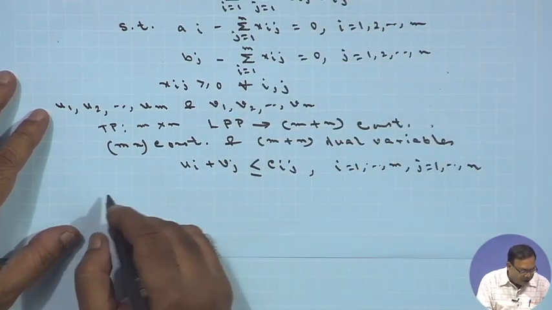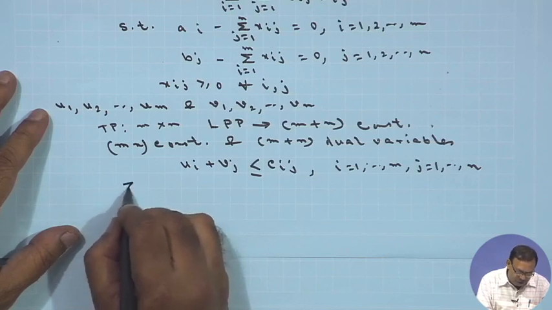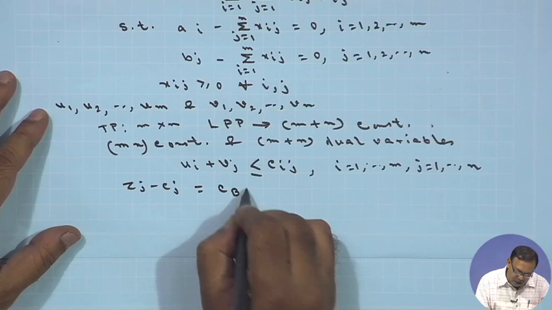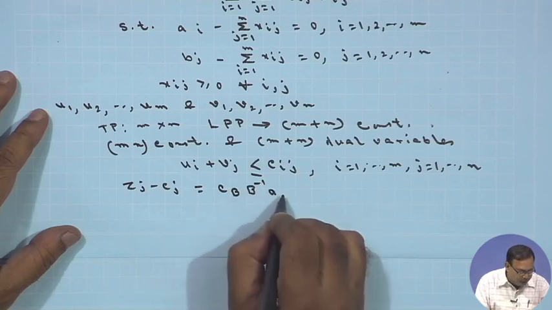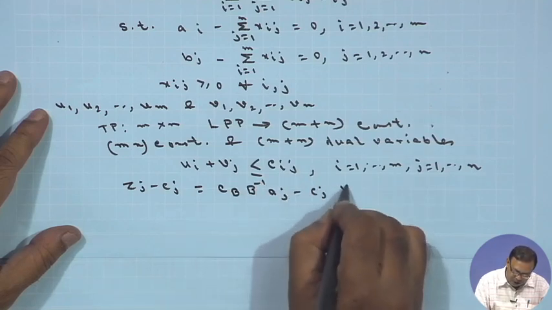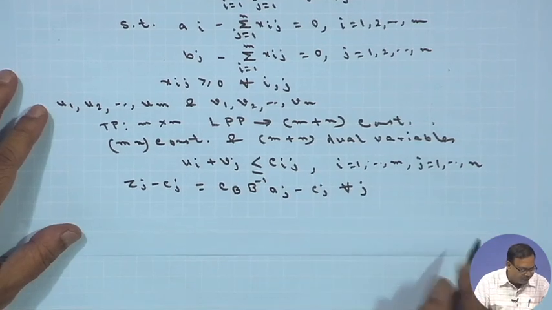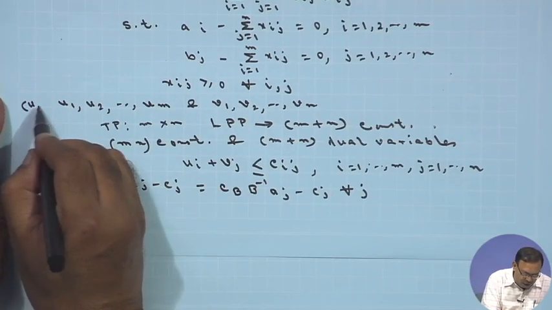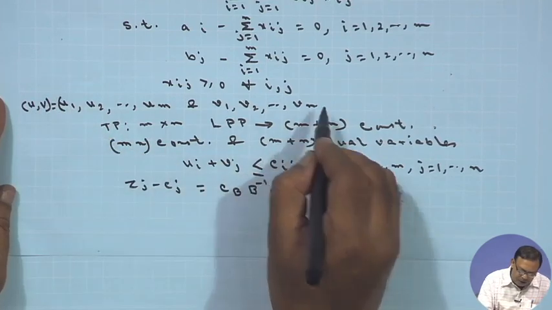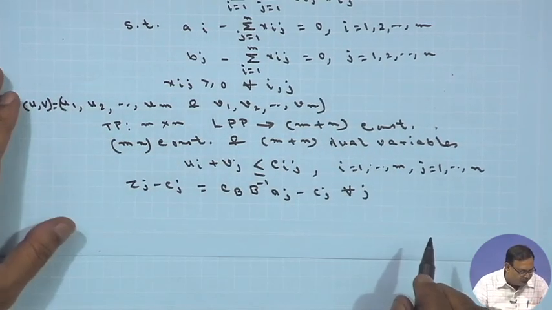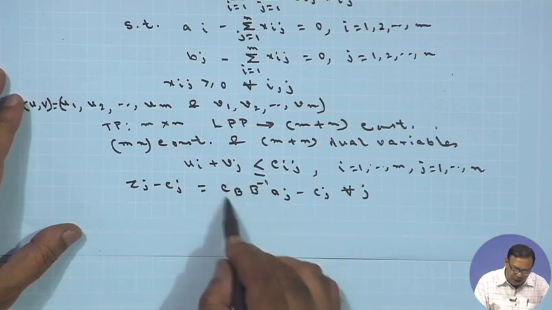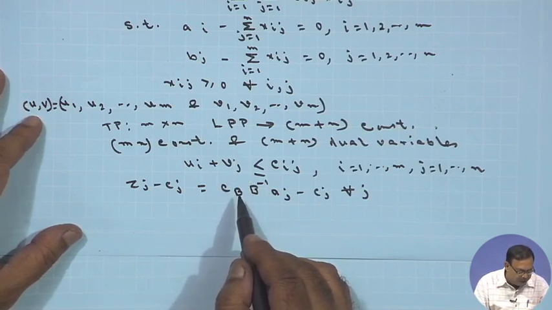So, your z_j minus c_j, I can write down as c_B B inverse a_j minus c_j for all j. For any transportation problem, the uv is what we have written, so this portion c_B B inverse can be replaced by this.